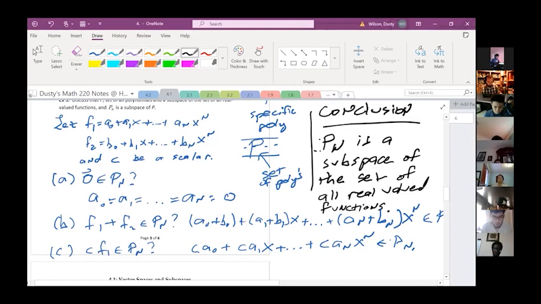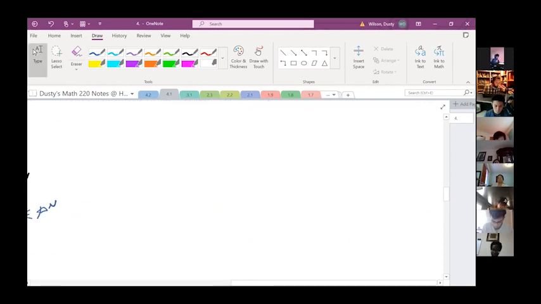So let's look at some of the examples that you've all mentioned. I'm going to move over to the side. So if we looked at lines, not subspaces. Okay, so one example would be lines not through the origin.